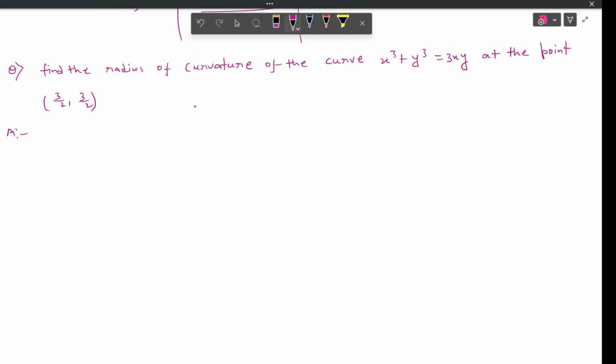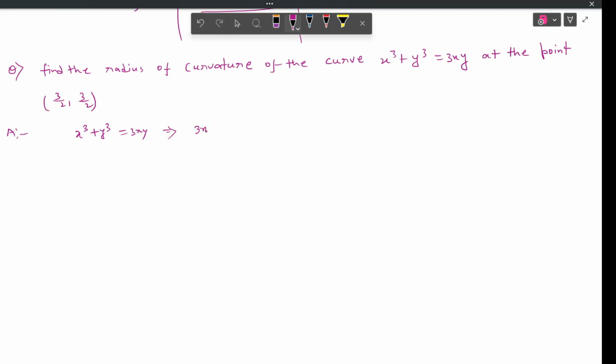First of all we have to find the first derivative and second derivative, right? So our equation is x cube plus y cube equals 3xy. Let us first differentiate both the sides with respect to x.